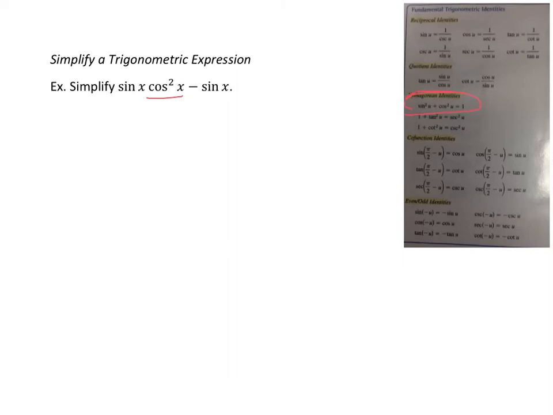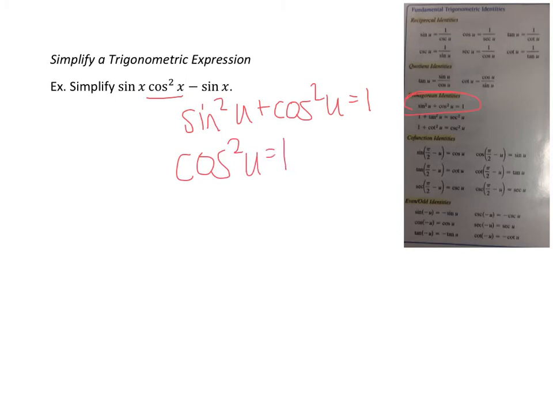If I take that identity and rearrange it, I can get it to say cosine squared u equals 1 minus sine squared u.